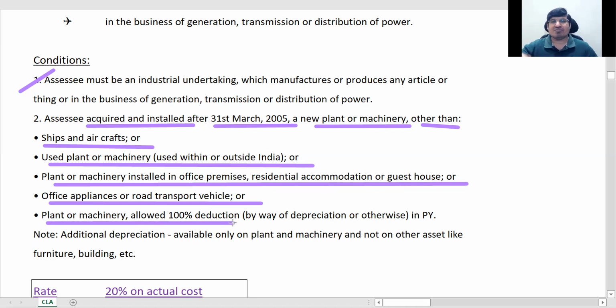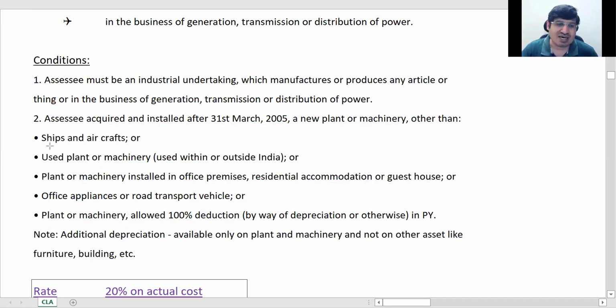There are some sections where in the same year you are given 100% depreciation. If that plant is already getting 100% depreciation, why give additional depreciation? So plant and machinery to which 100% deduction is applicable in the same year will not get it. These 5 are the exceptions who won't get it.